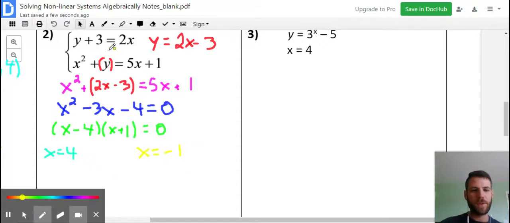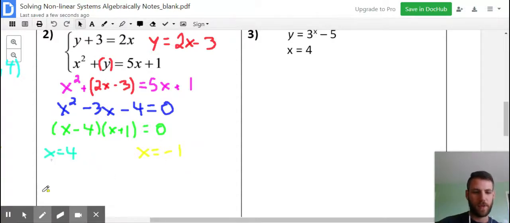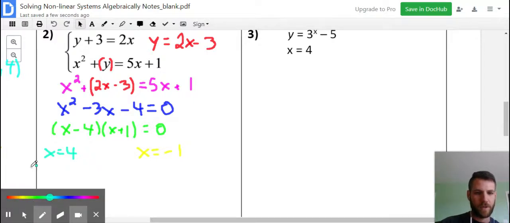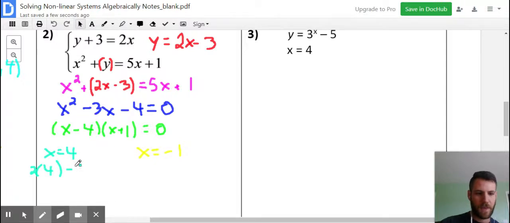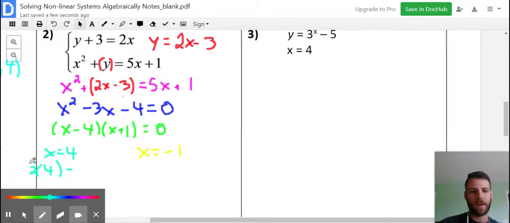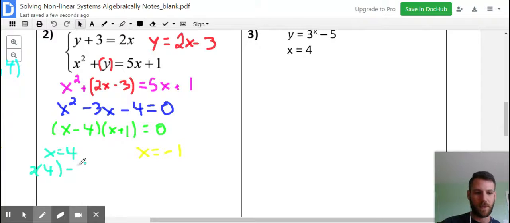And I'm going to use my original equation here, y equals 2x minus 3, to solve each of these for y. So I would have 2 times 4 minus 3, which is equal to 5.